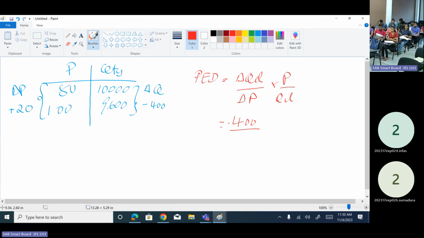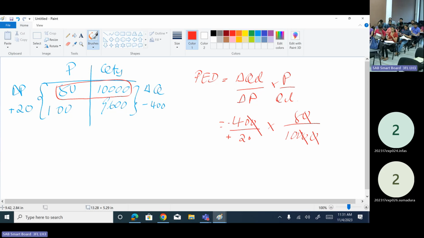Remember the negative sign. Yeah, it's a minus. Change in P is 20. The P and quantity that you are taking is the initial P and quantity. They say from 80 when it increases up to 100, so you know what initial is. Even if they give you a table, sometimes you don't know. But they say it changed from 80 to 100, so initial P is 80, and this is the initial quantity.